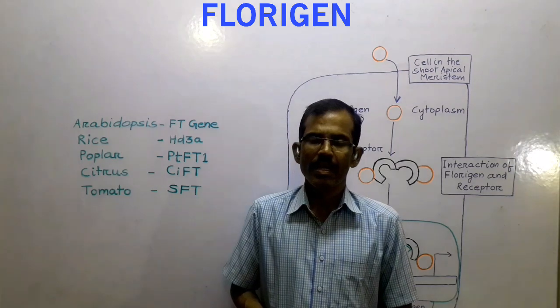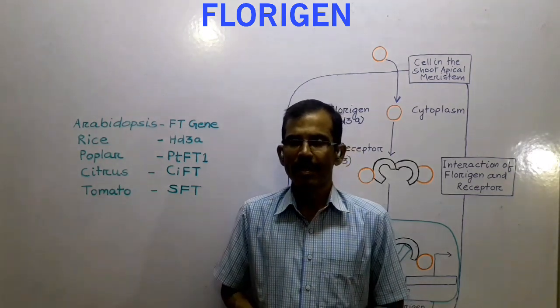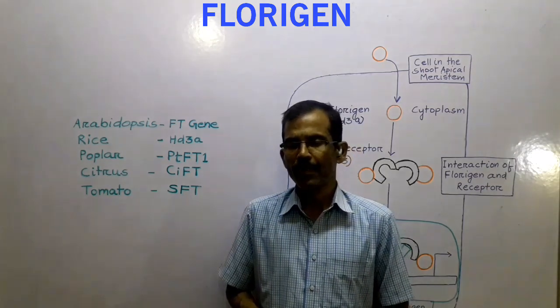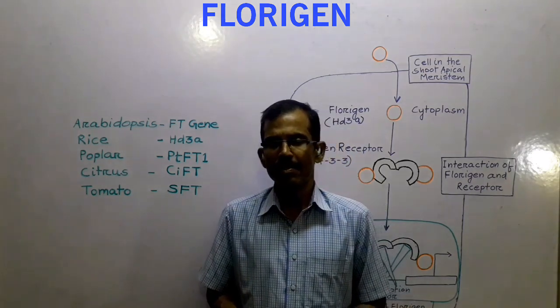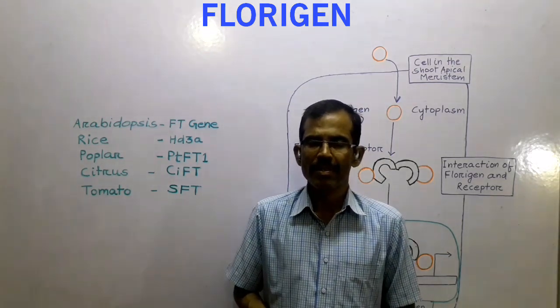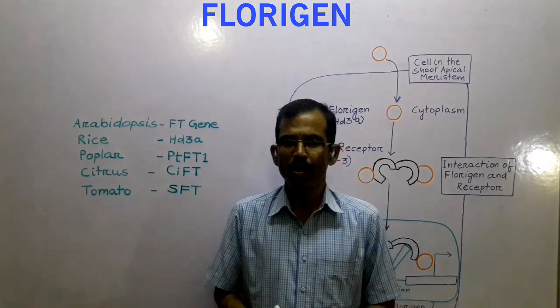Gibberellin was considered the limiting factor for long-day plants. It is synthesized when days are long. Similarly, anthesin was considered the limiting factor for short-day plants. It is synthesized when days are short.